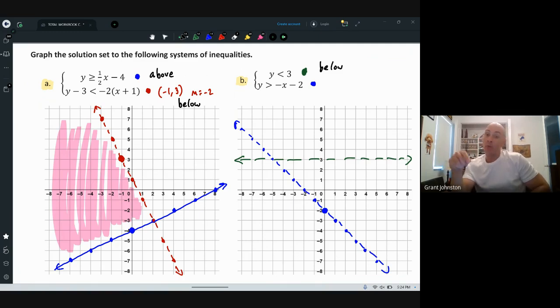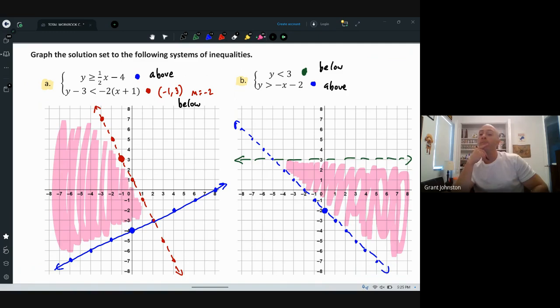And the second one says y is greater than, so I'm going to shade above this one. So below the green, but above the blue, would be this region.